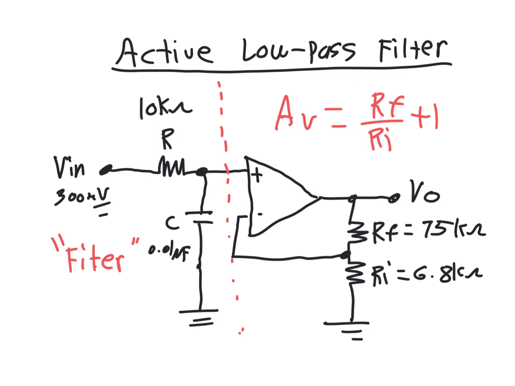You can easily handle that, but just say it's 300 millivolts. Okay, so I'm just going to write this down. We've got 10K, 0.1 microfarad, 75K, and 6.8K.